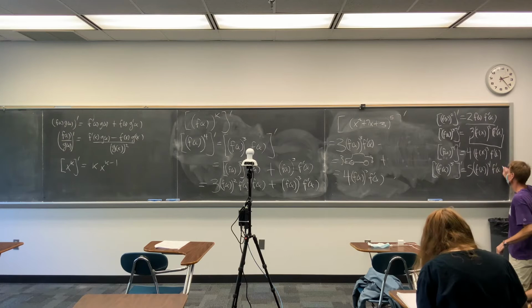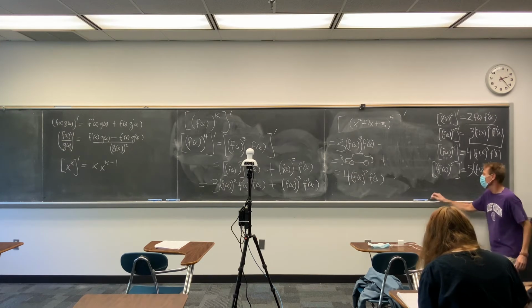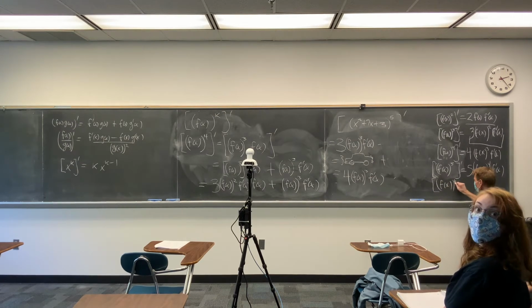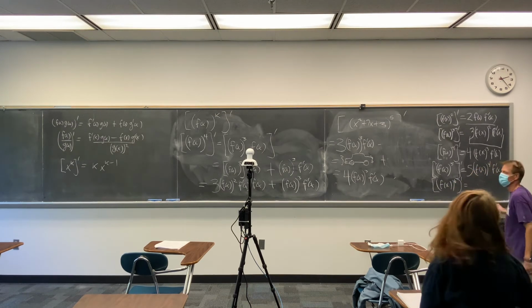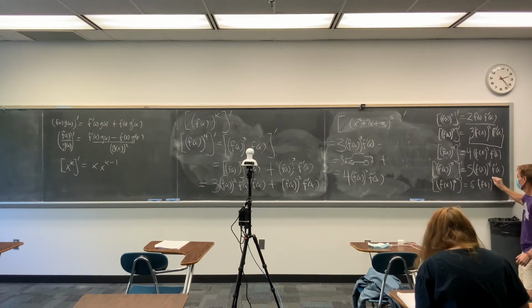Does that make sense? And then if we did it again, and I'm running out of chalkboard, the derivative of f of x to the 6th would be 6 f of x to the 5th times f prime of x.